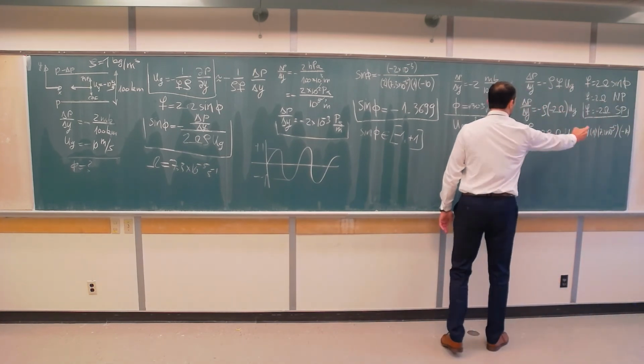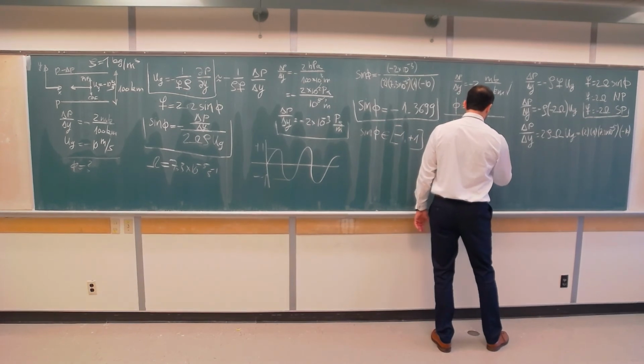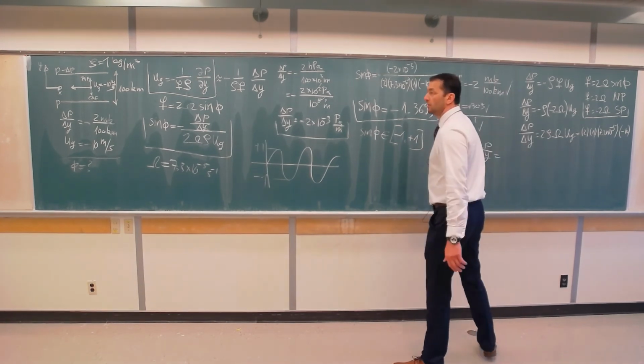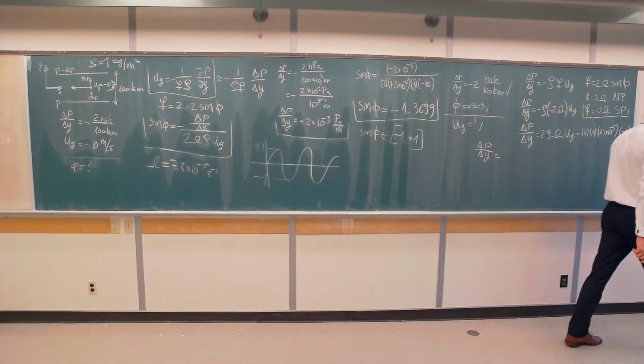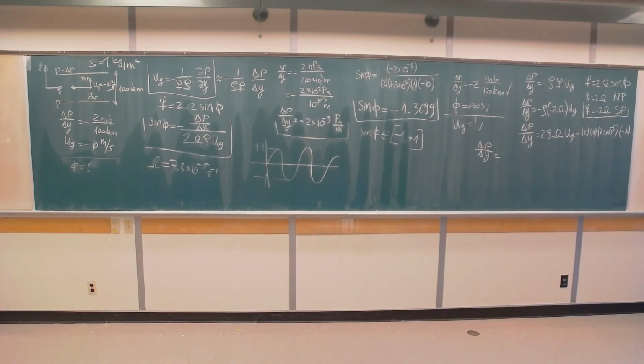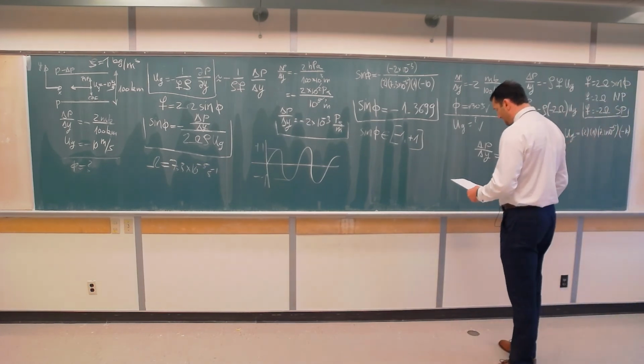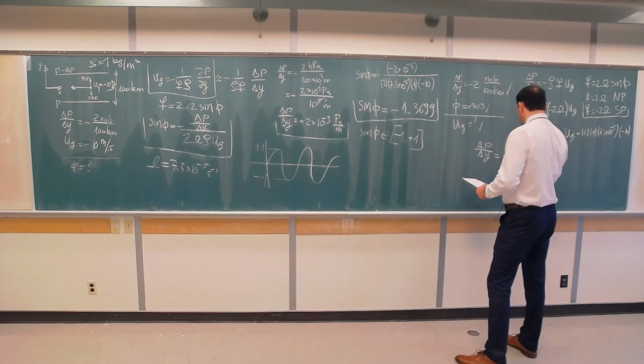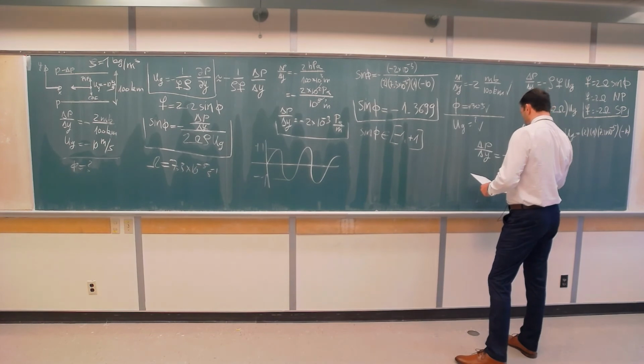So if you crunch these numbers, you get that delta P, delta Y is equal to minus 0.0015 pascals per meter.